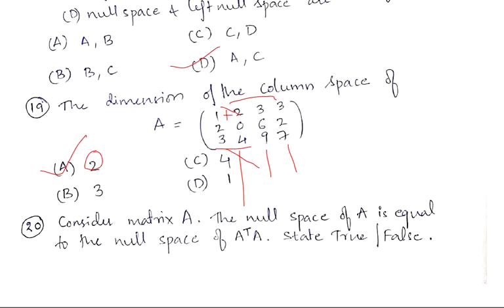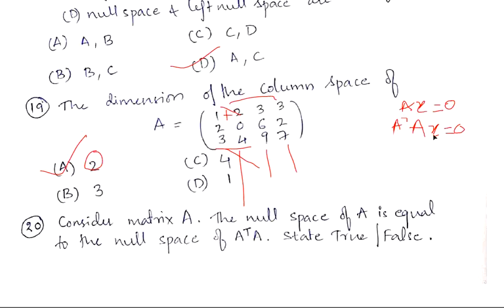Consider matrix A. The null space of A is equal to the null space of A transpose A. Null space of A can be written as AX is equal to 0. Okay, so I can multiply A transpose both sides, right? Since the right hand side is 0, A transpose into 0 is 0 only.